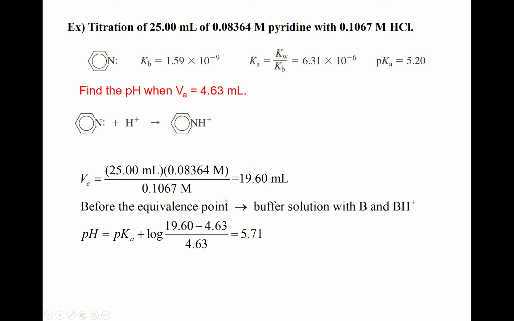Produced BH+ is proportional to the added strong acid volume. This is a very clever way, and pH is 5.71. That way we can very easily calculate the pH.